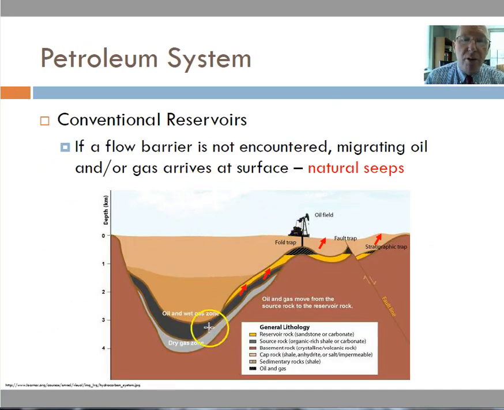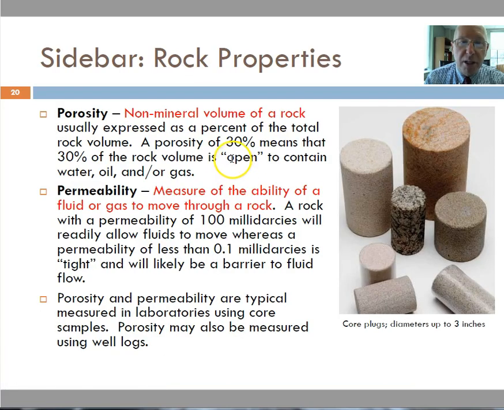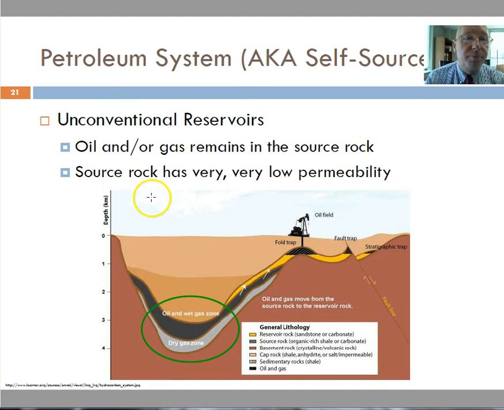So just as a reminder, this is the idea of conventional reservoirs and how you have the source rock, the migration, the trap, and if there's no trap, it comes to the surface as a natural seep. Again, in the reservoirs, you're looking for good porosity and permeability, and this is a review of those concepts.